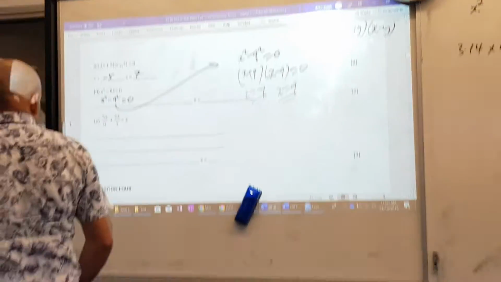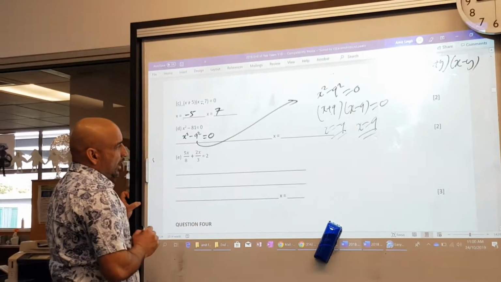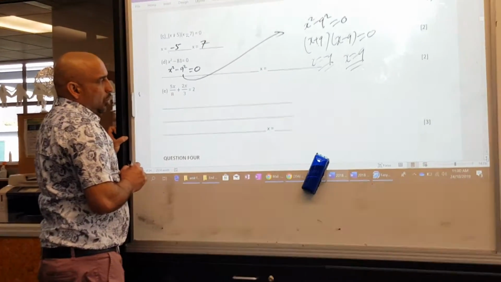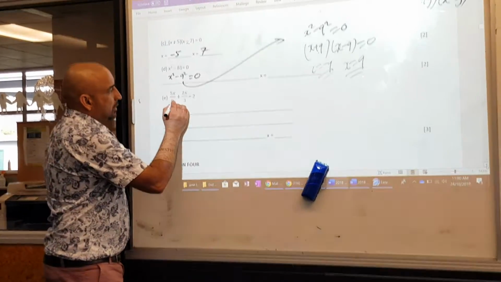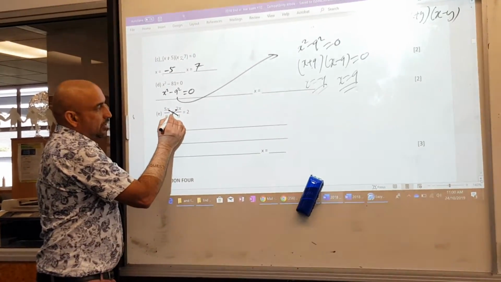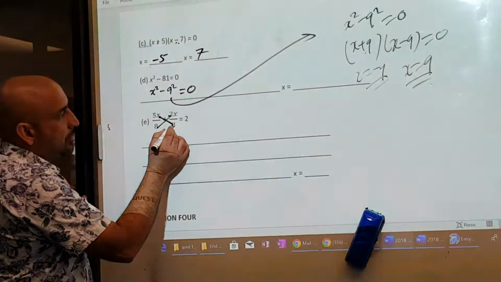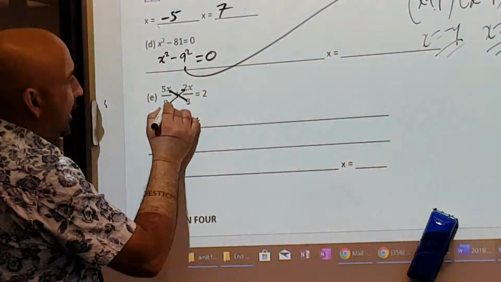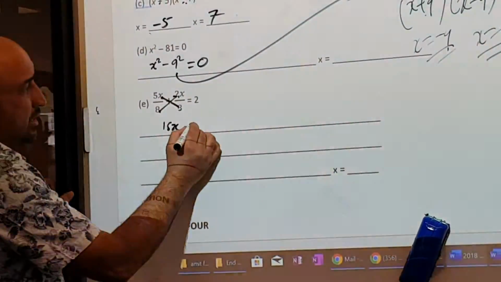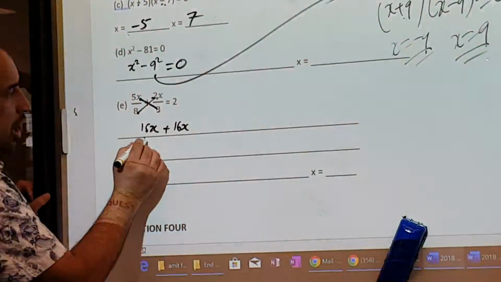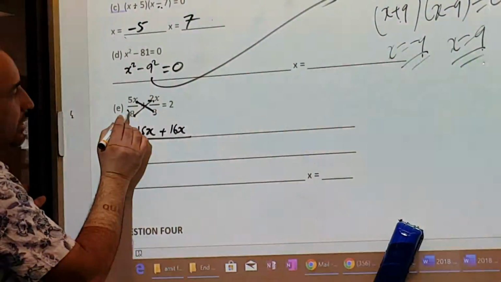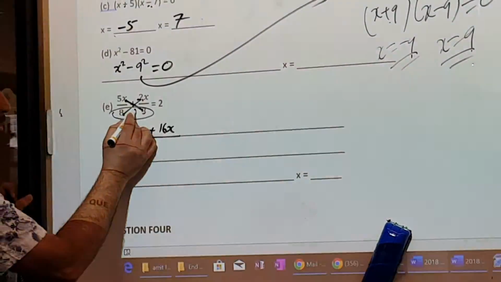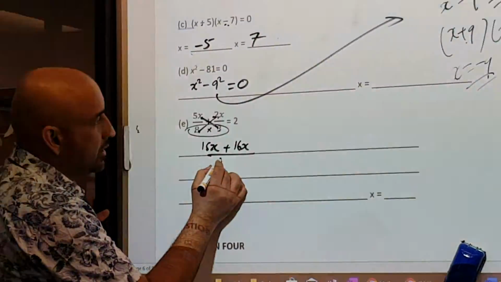The last one here is that you have 5x over 8 plus 2x over 3. What's the first step, guys? We cross multiply, and this is separated by a plus sign. So 3 times 5x is 15x plus 8 times 2x. 8 times 2 is 16x. Divide by the multiplication of denominators, 8 times 3 is 24.